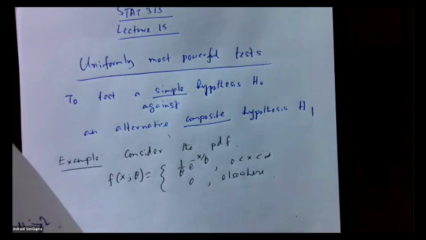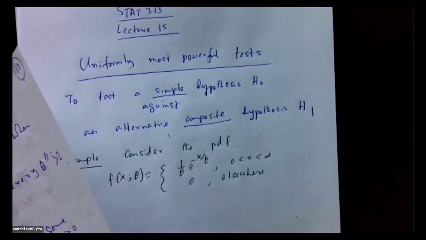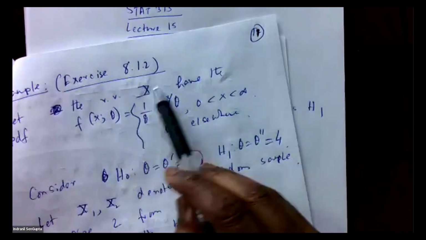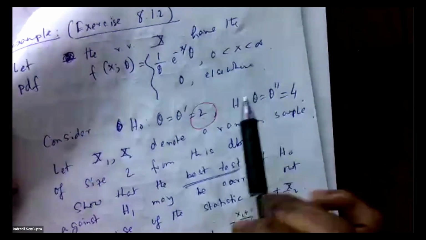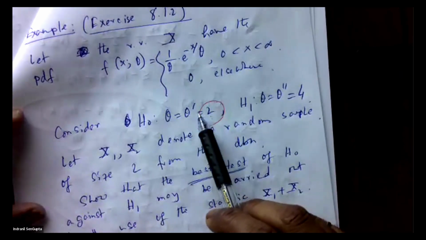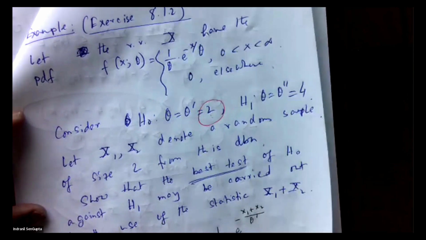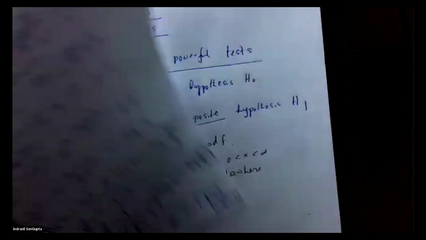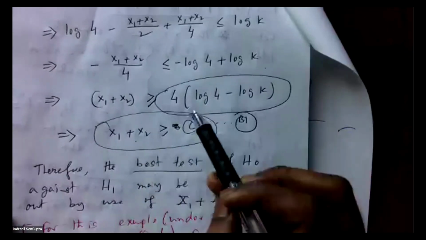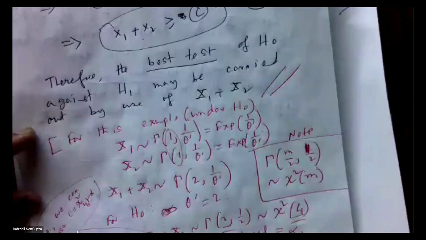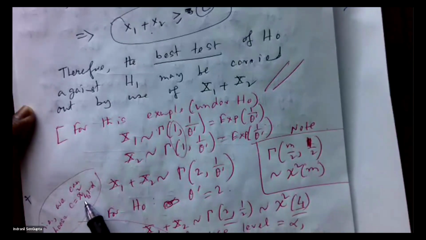Let me show you something from the last class. We had this function. We tested the simple hypothesis theta prime equals 2 against theta double prime equals 4, another simple hypothesis, and we developed a test. If you recall, the region is x1 plus x2 bigger than c, where we can set c to be a chi-squared with 4 degrees of freedom.